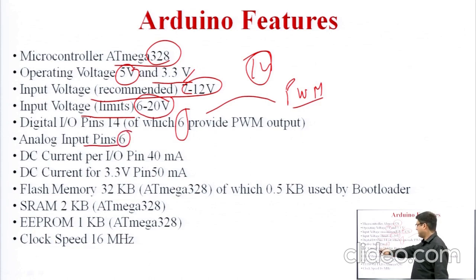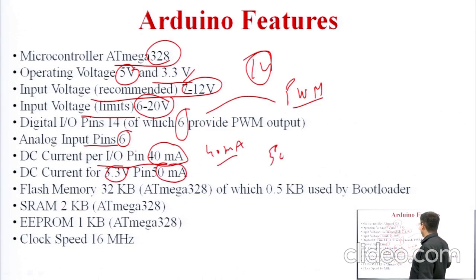Okay. DC current per input output pin: one input output pin has a DC current consumption of 40 milliampere. It has a DC current for the 3.3 volt pin of 50 milliampere. Okay, for 3.3 volt the DC current consumption is 50 milliampere.